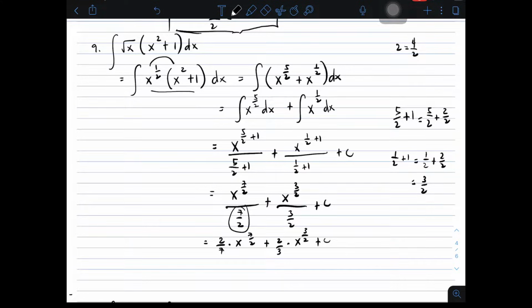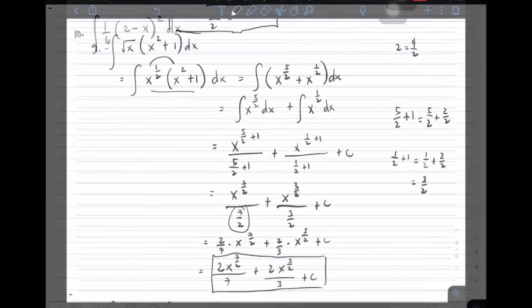And simplify lang natin, the final answer is 2x raised to 7 over 2 over 7 plus 2x raised to 3 over 2 over 3 plus c. This is the answer or the integral of item number 9.